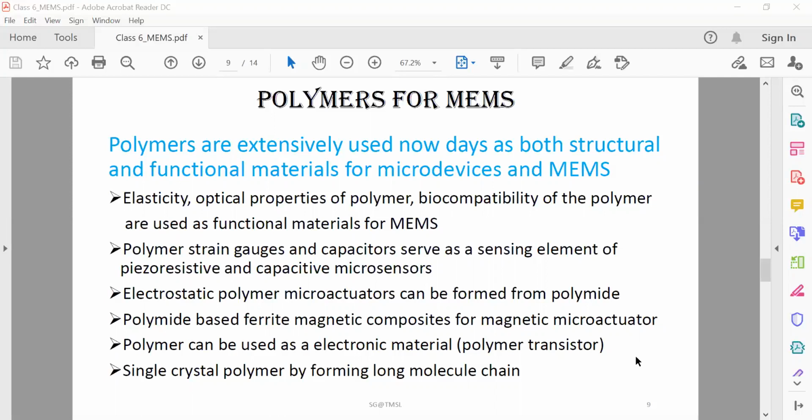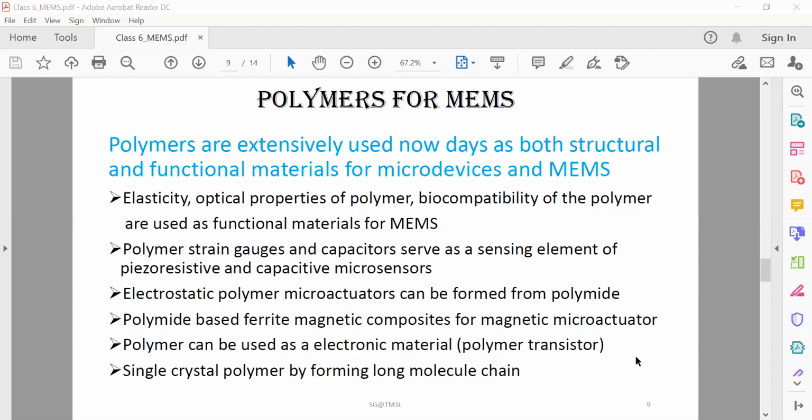Polymer as electronic material, like semiconductors, silicon, germanium, etc. Similarly, polymer can be used as electronic material because nowadays polymer transistors have come up and have been successfully fabricated using polymer, and people are thinking polymer can be used for active device fabrication also.